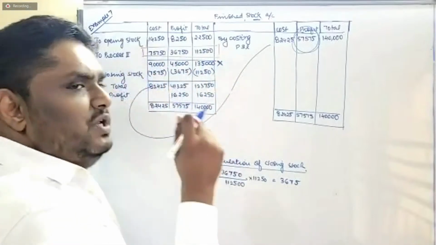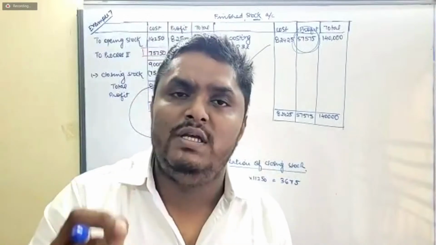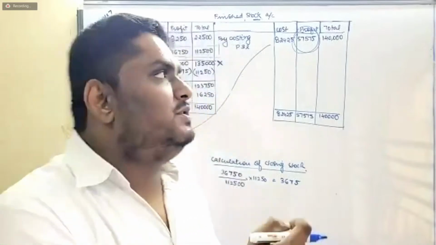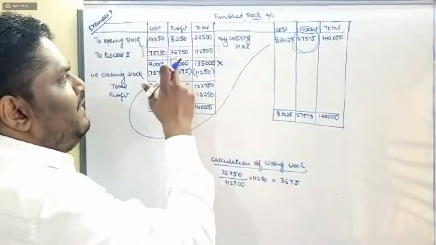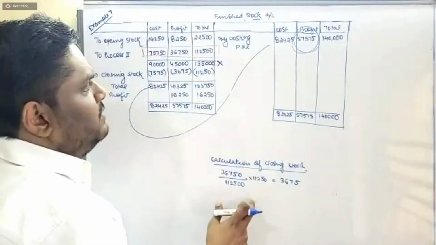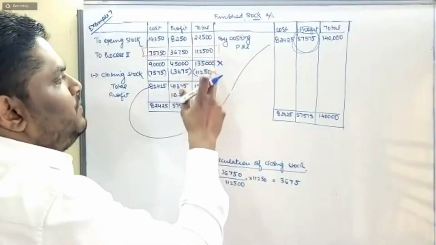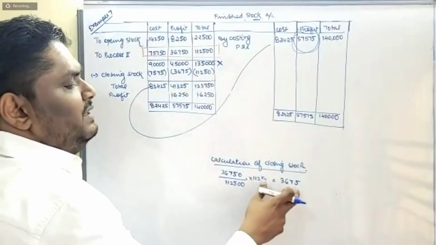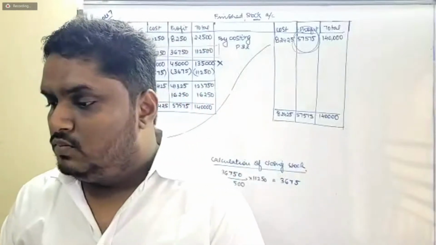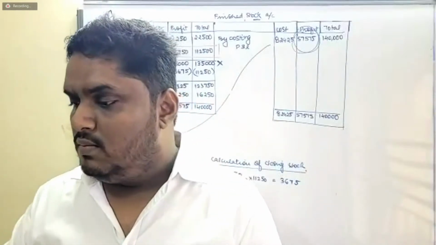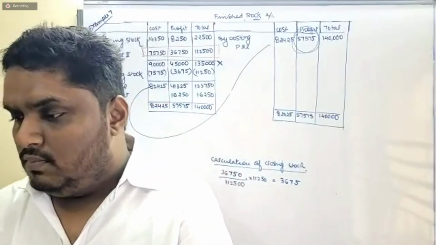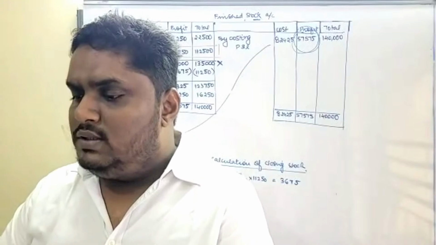So from process second, we have got a profit of 36,750. That is on 1,12,500. So how much will be the profit on 11,250? 3,675. Hopefully your doubts are resolved.